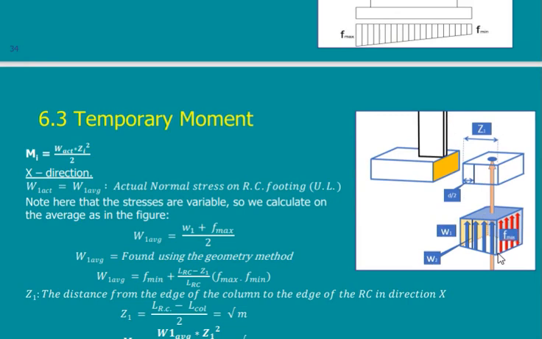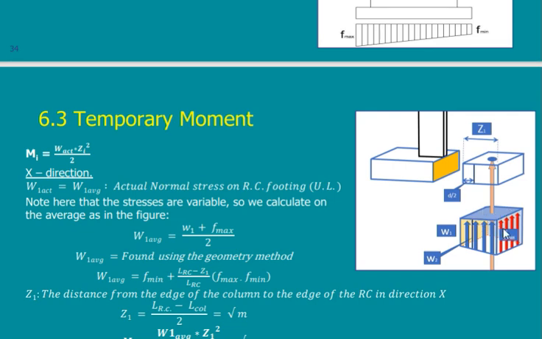The stress is not uniform. It is very high here, less here. So I have to get the CG of the stress and the resultant, because I need to replace this stress with one force to get the effect of the moment. You remember this from structural analysis.